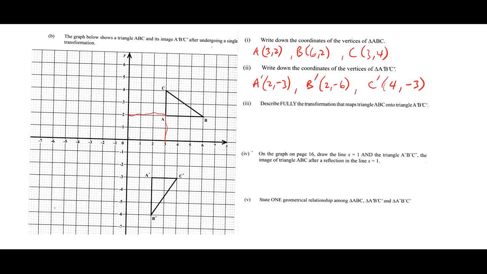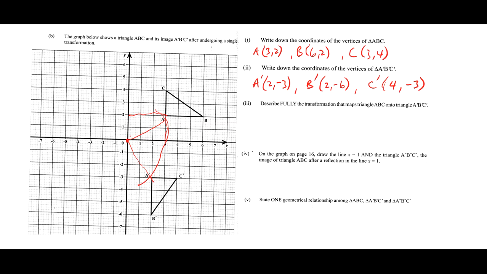Let's look at A. Let's say we assume the center of rotation is the origin. If we draw a line from 0, 0 to A, and then a line from 0, 0 to A prime, right? If we take our compass and we put it at this point here, and we make an arc, we are going to realize that it is a rotation about the origin, right?